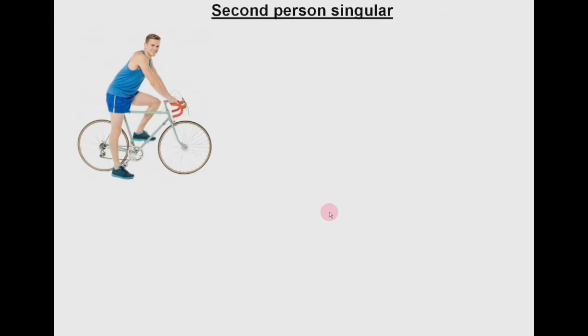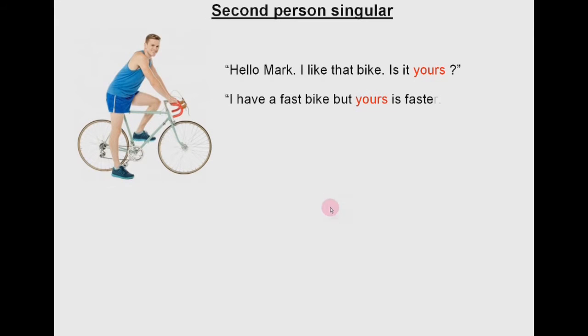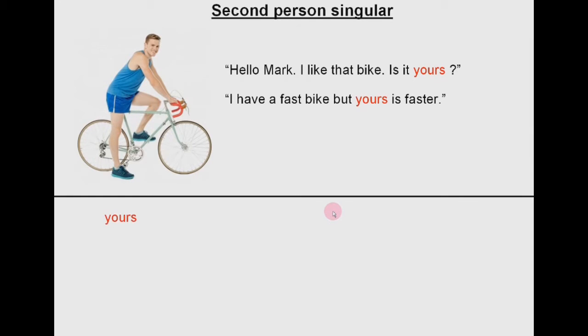Second person singular. Hello Mark, I like that bike. Is it yours? And another example. I have a fast bike, but yours is faster. So the word yours is the second person singular.